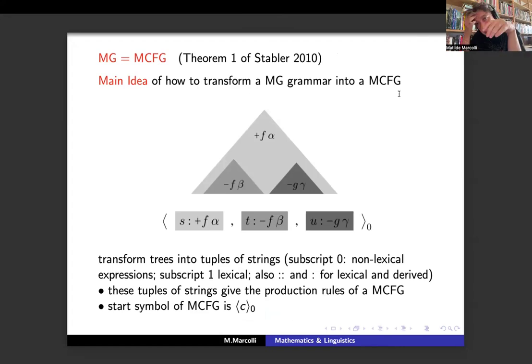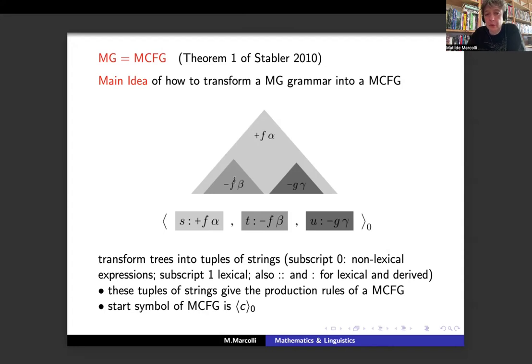So, as I mentioned, there is this result that formally shows that these minimalist grammars are actually equivalent to multiple context-free grammars, in terms of generative power, not in terms of computational complexity. The main idea is how you transform a derivation described in terms of these merge operations into a form describable in terms of multiple context-free grammar.